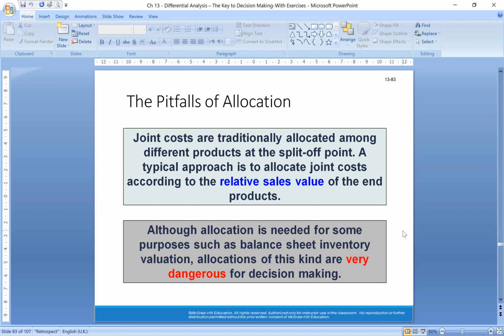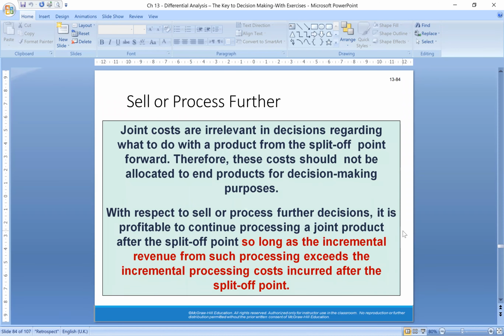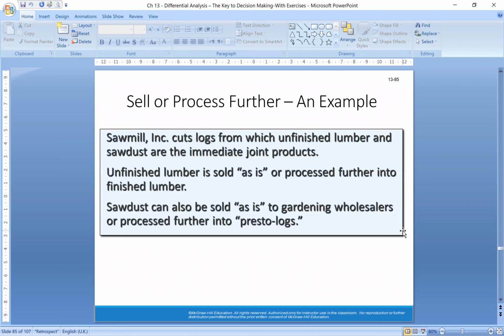An example, and again, we will depend on something called incrementals. A company cuts logs from which unfinished lumber and sawdust are the immediate joint products.